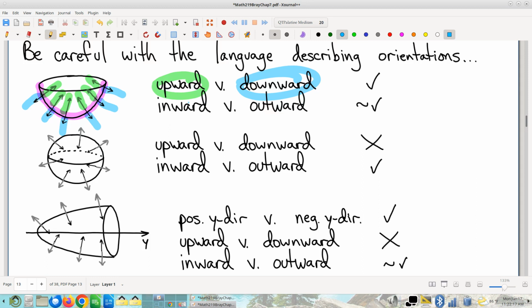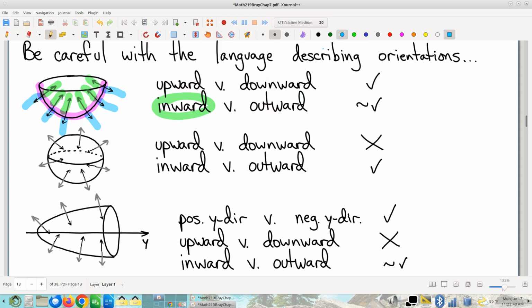Obviously, we're not talking about the blue one. Right? So note the purpose of the language here is not to be exact in its description of the normal vectors. Its purpose is to be unambiguously communicative of the choice between the two.